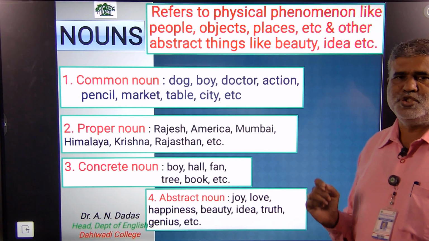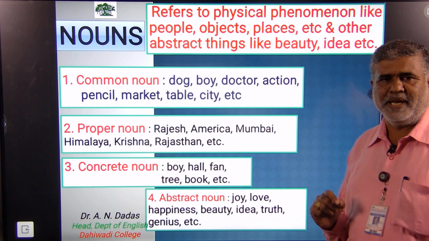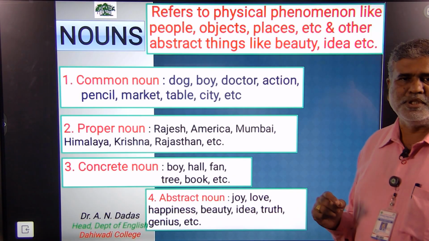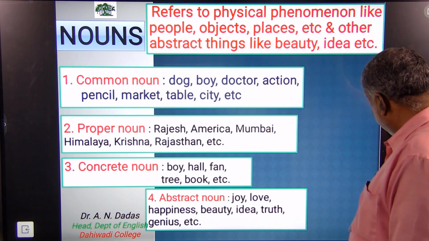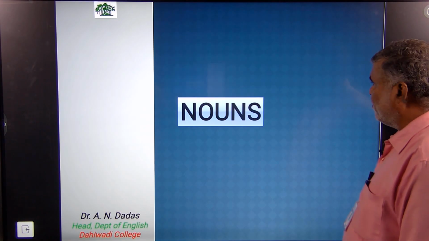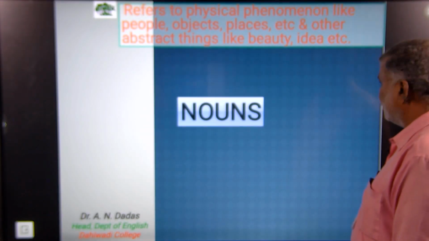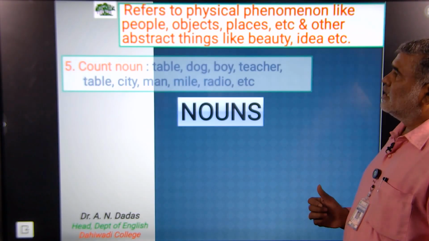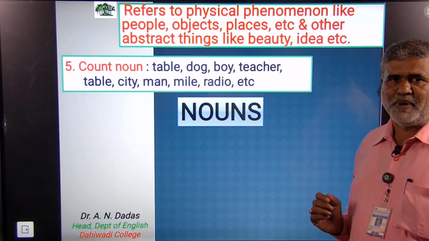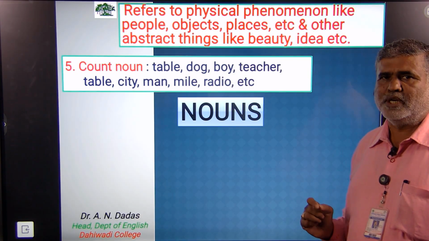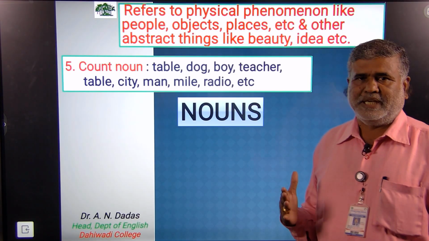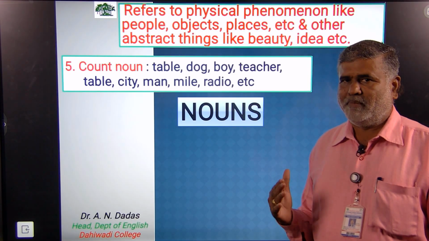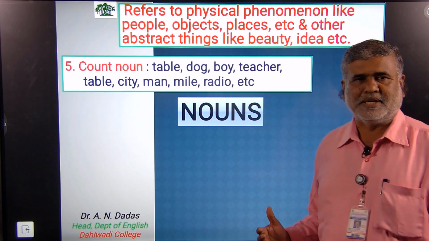For example, joy, love, happiness, beauty, truth, genius, etc. When we go further, we have count noun. For example, table, dog, boy, teacher, city, man, mile, radio, etc.